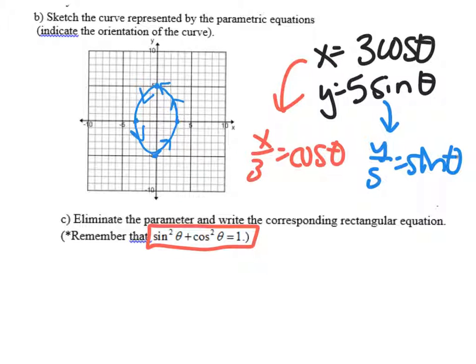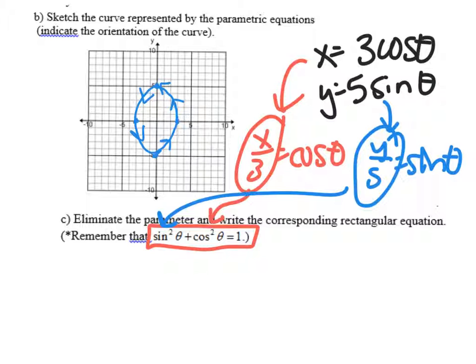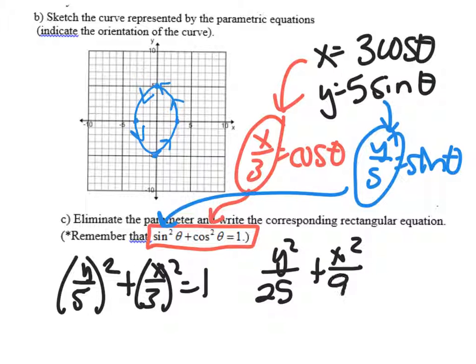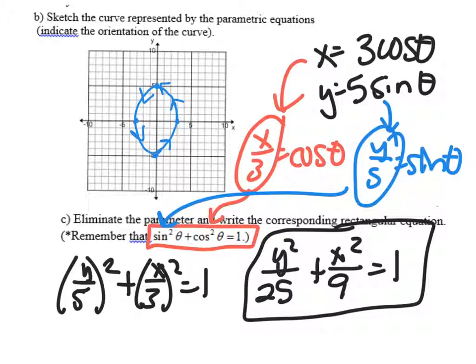So then I can substitute them in. This goes in for my cosine. This goes in for my sine. So now I have y over 5 squared plus x over 3 squared equals 1, which turns into y squared over 25 plus x squared over 9 equals 1, which is the equation of an ellipse.